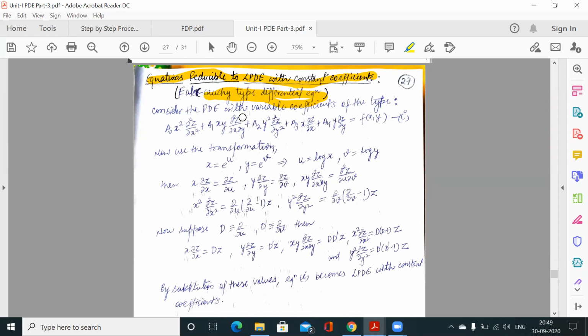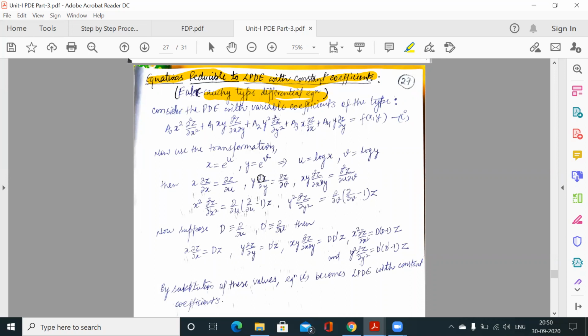Cauchy's equation was an LPDE with variable coefficients, but of a particular type: x square d2y over dx square plus x dy over dx plus y is equal to a function of x.